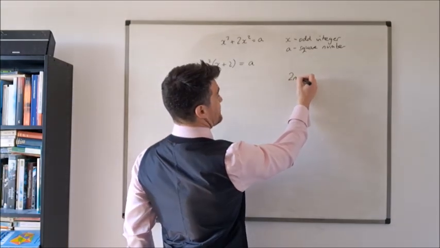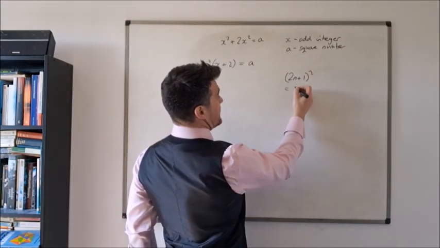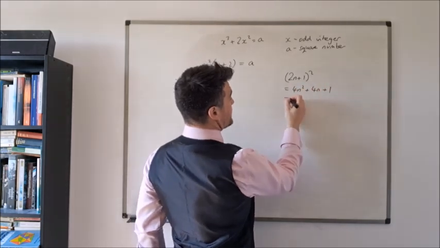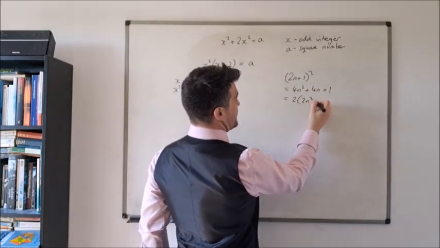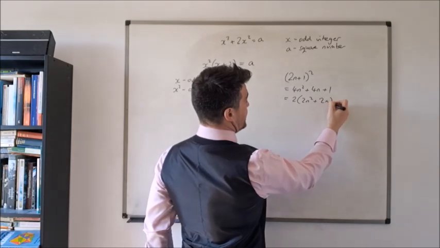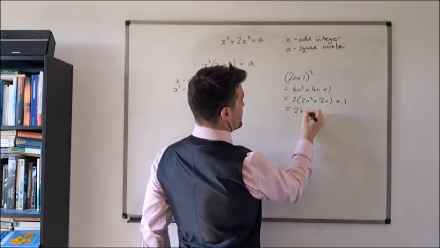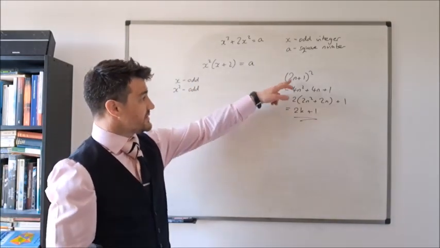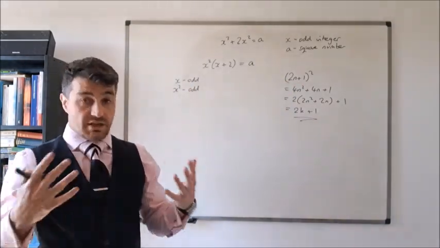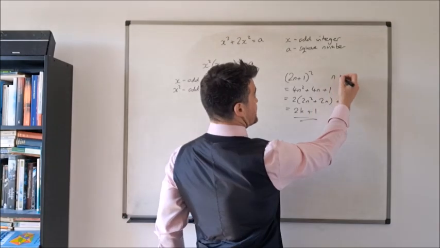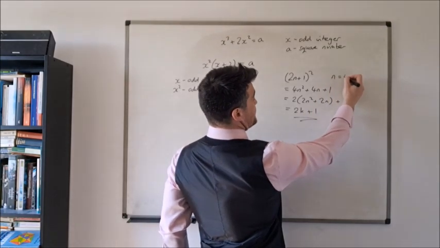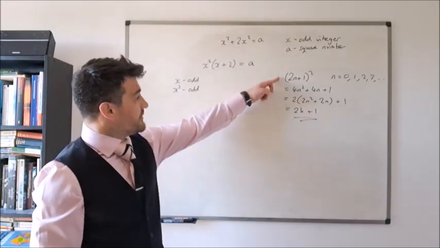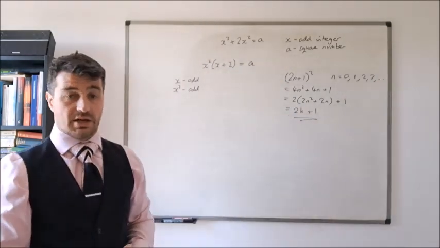Let's go through it here. 2n plus 1 squared is equal to 4n squared plus 4n plus 1, which is 2 times (2n squared plus 2n) plus 1, which is 2k plus 1, the form of an odd number. So if 2n plus 1 represents a general odd number, where n is 0, 1, 2, 3, whatever, then the square of this number is also odd.